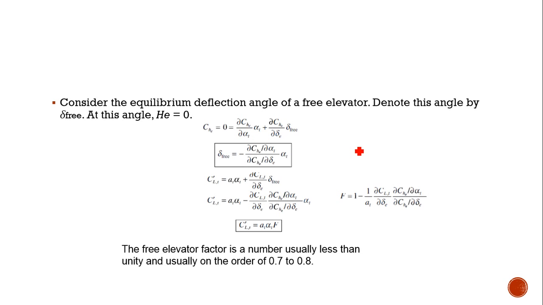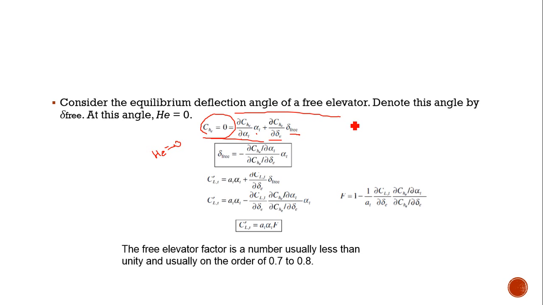So here we are considering the elevator equilibrium deflection angle for a free elevator. This is the formula. CH equal to 0, as I told you, it floats free. Therefore the hinge moment is equal to 0, therefore H equal to 0. But the formula is CH equal to dou CH divided by dou alpha t into alpha t plus dou CH divided by dou del E into del free.